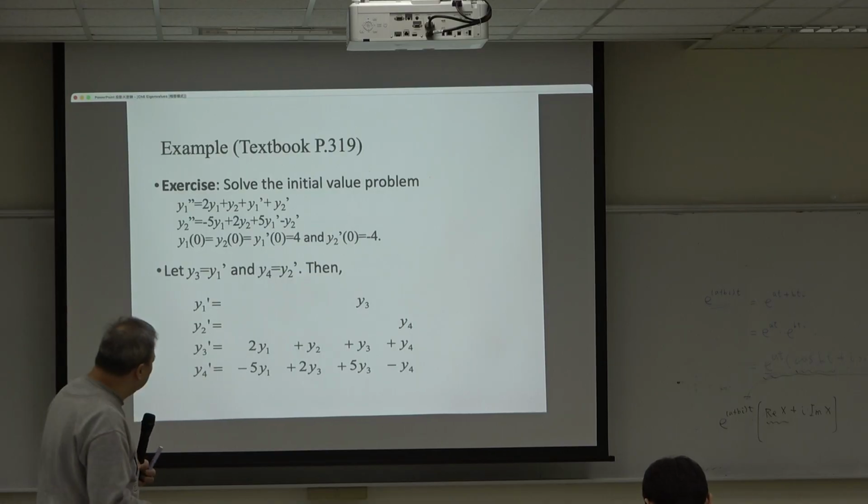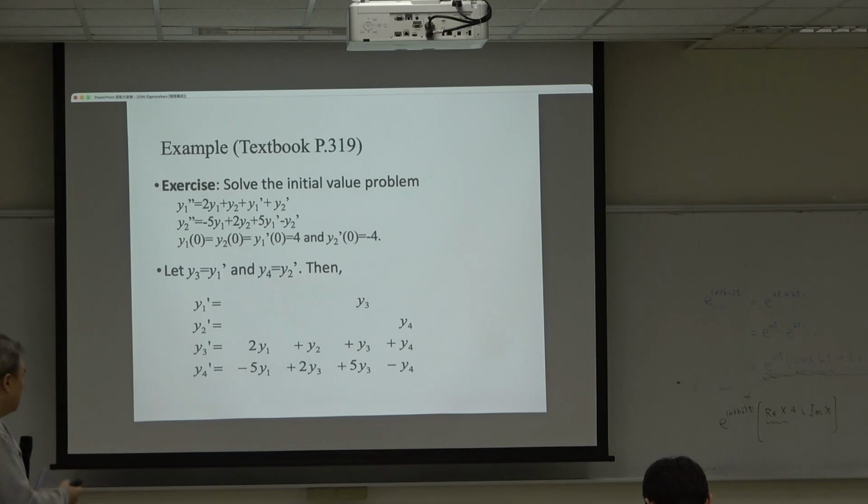I will not compute this one for you, but the calculation is pretty straightforward. If you know how to do the previous 2x2 example, this 4x4 is just tedious, but the idea is exactly the same. It's from the textbook, page 319. If you don't know how to solve it, check out the textbook by yourself.